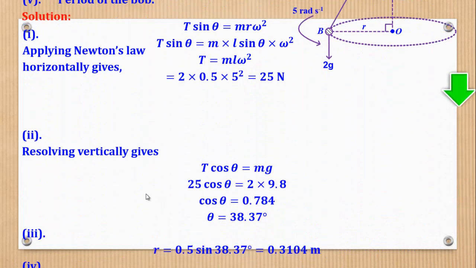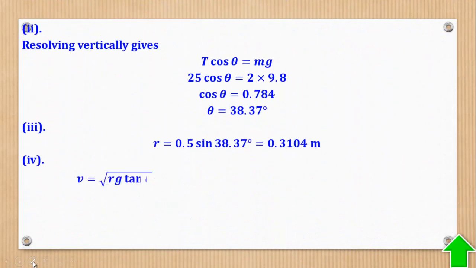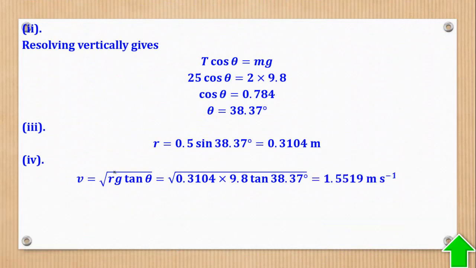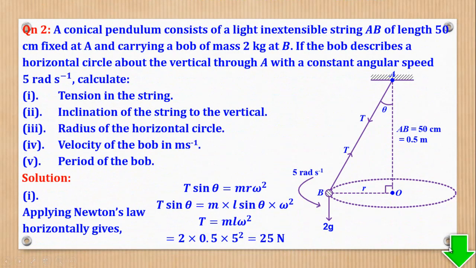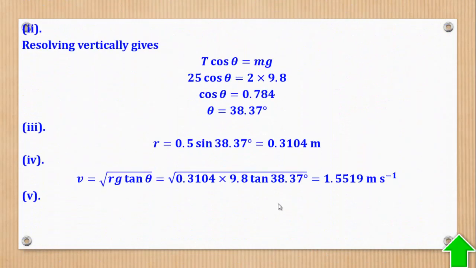So velocity is the square root of r g tan theta. So substitute for r, g, and theta to give you this. Roman 5, I think it was the period of the bob. We know that period is 2 pi over omega. So substitute for omega to come up with this as the period.